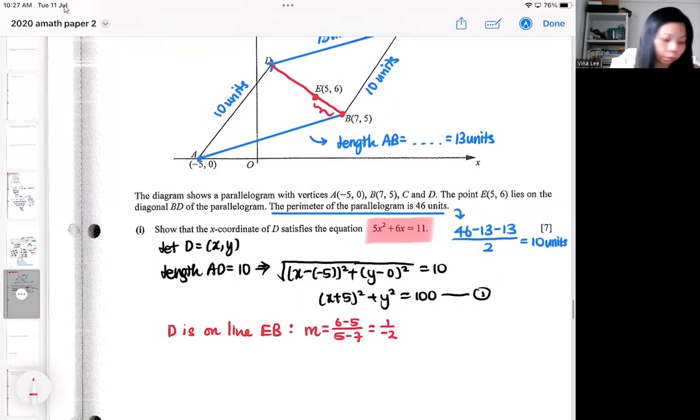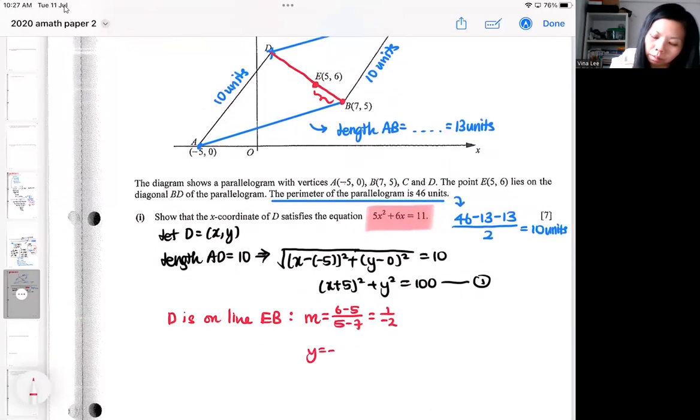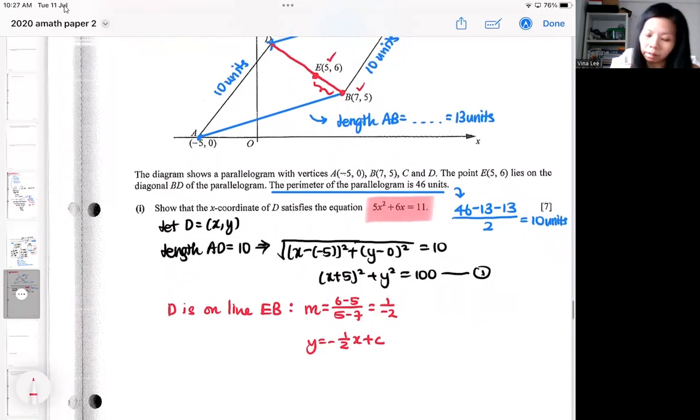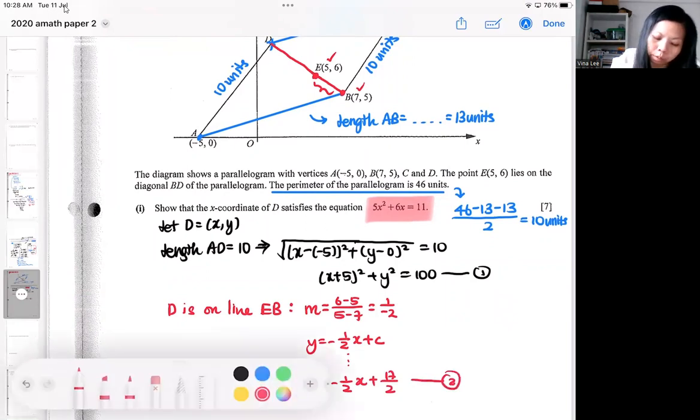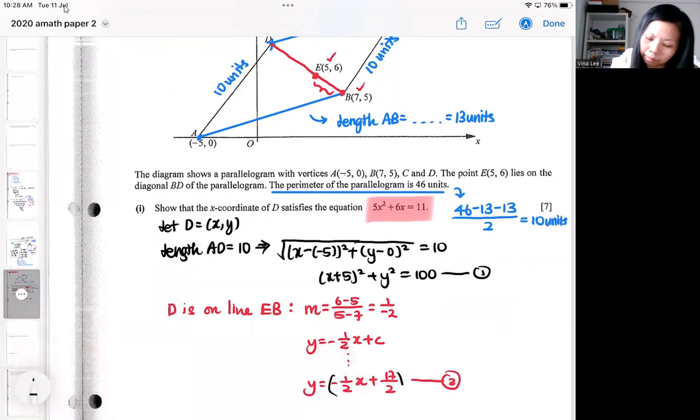Then you can go and find the intercept. Okay, so you either use this point or this point. You can find the intercept. So eventually you will be able to get this. So that will be the second equation. So if you do your simultaneous equations properly, you should be able to get the quadratic equation.